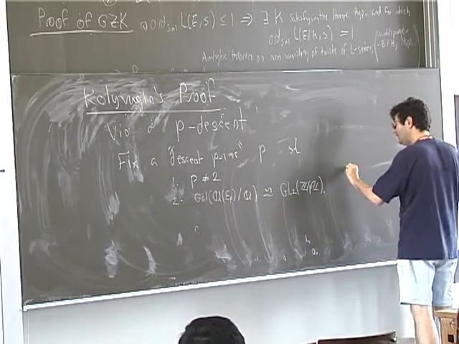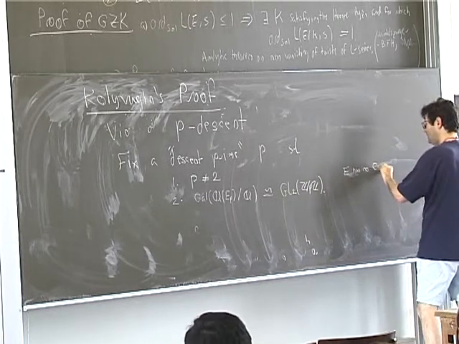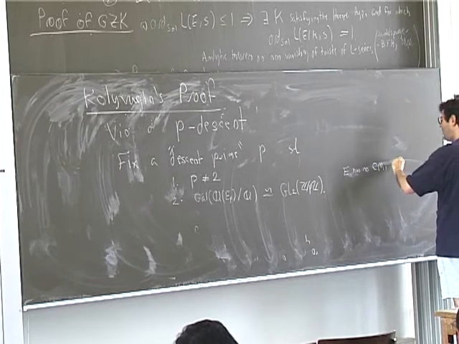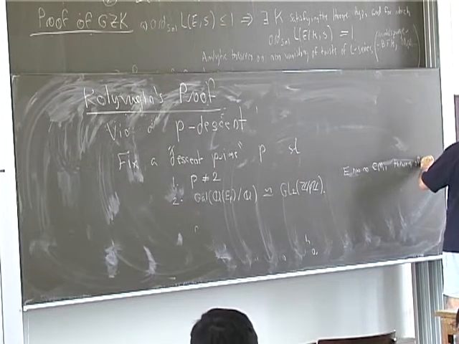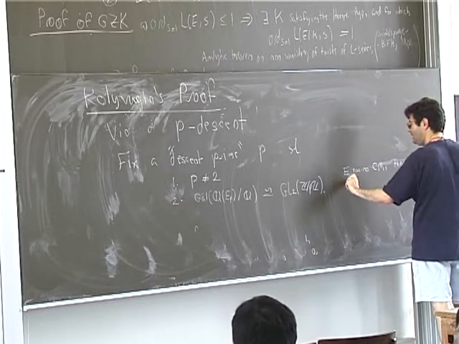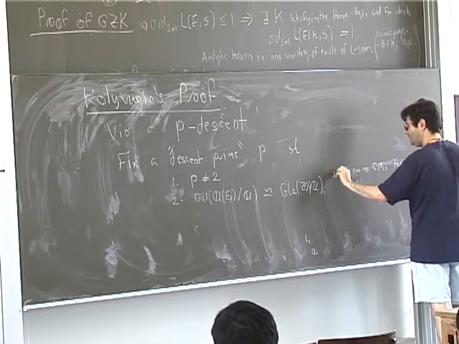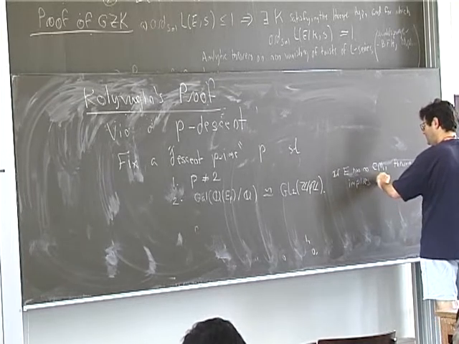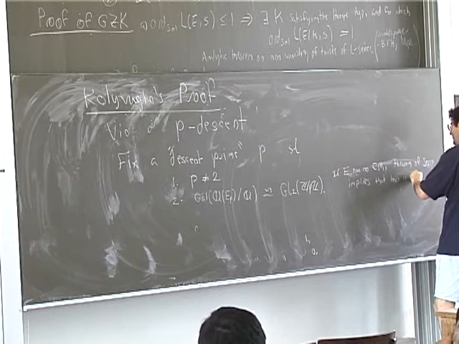This I can do if E has no CM, no complex multiplication, then a theorem of Serre implies that this is possible, that you can find infinitely many p satisfying this condition.